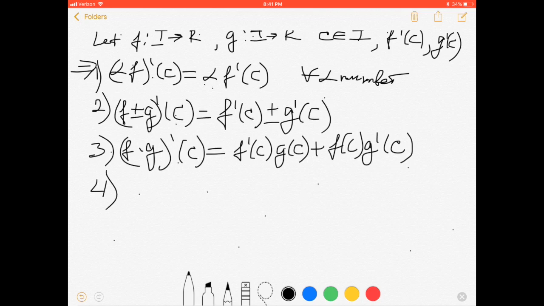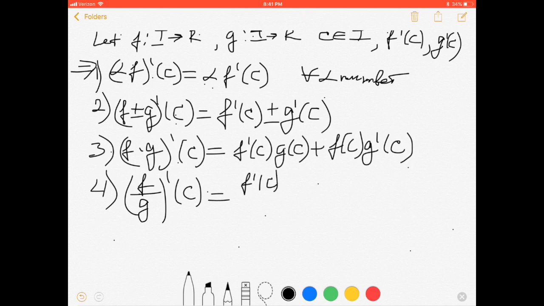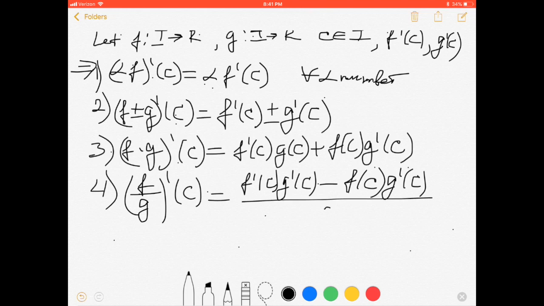And the fourth one, the last one: if you have a fraction, it will be f prime of c times g of c minus f of c times g prime of c, divided by the square of function g at point c.